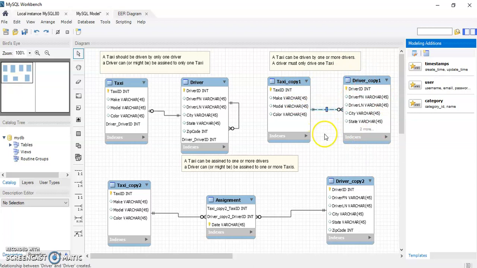Now, if I say that for a driver to be kept in the database, they are only going to be in the database if they have a taxi assigned, and part of their ID is going to be the taxi ID as well, then this is a different story.